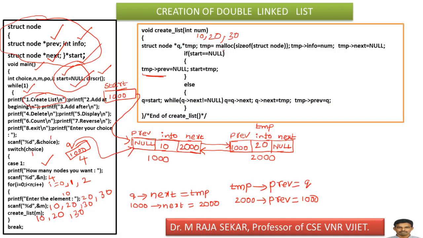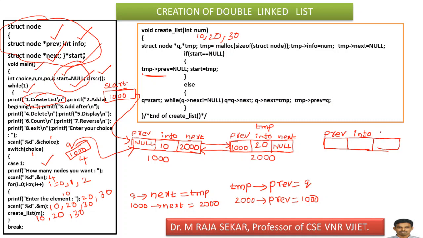Struct node star q, TMP equal to malloc size of struct node. Means internally a node will be created. First field PREV, second field info, third field. What is your third field?